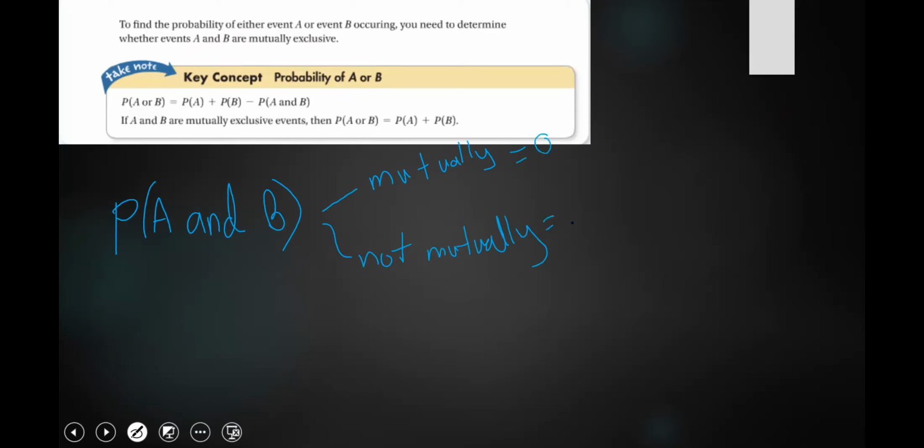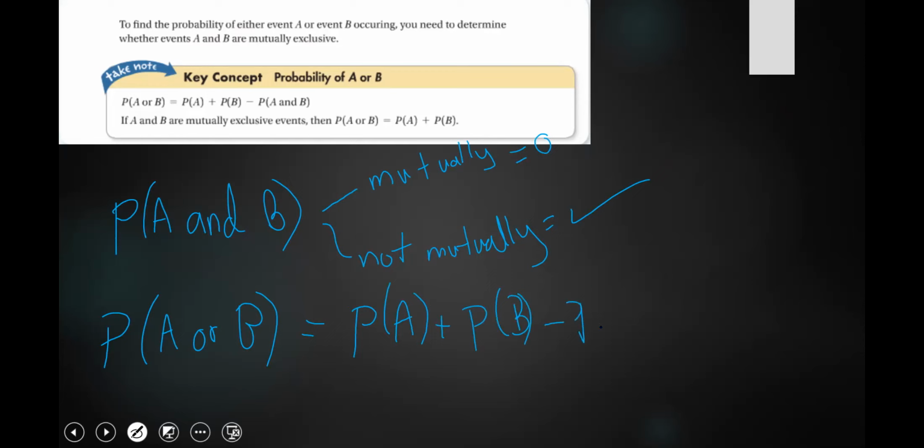If not mutually exclusive, we can find it. If we have two multiple events, we can find the probability of A and B, and the probability of A or B. What is the formula for A or B? It is the probability of A plus the probability of B minus the probability of A and B.